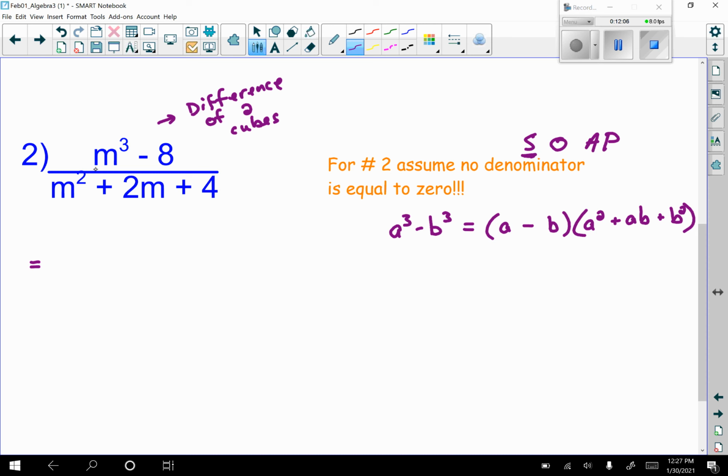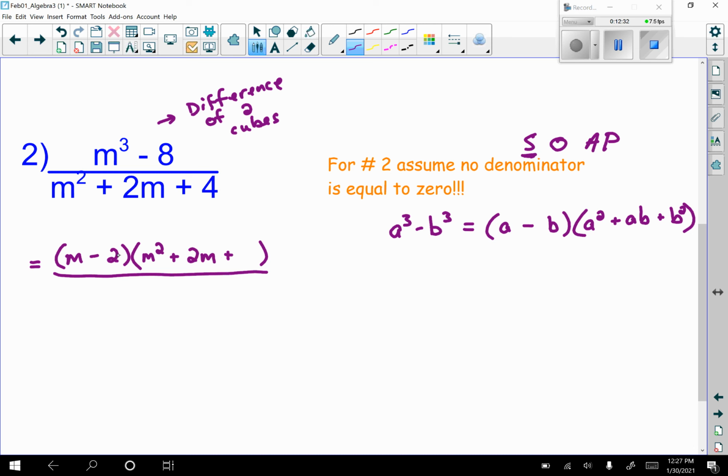So now when I'm trying to factor the m cubed minus 8, I'm going to make a binomial set of parentheses and then a trinomial. Cube root of m cubed is just m. Cube root of 8 is 2, same sign. What goes in the trinomial? First I square m, or multiply m times m, so m squared. Opposite sign, so a plus. In the middle I multiply m times 2, so 2m.